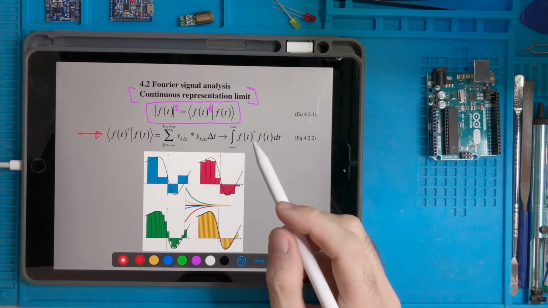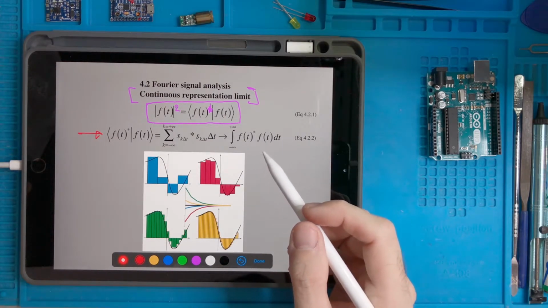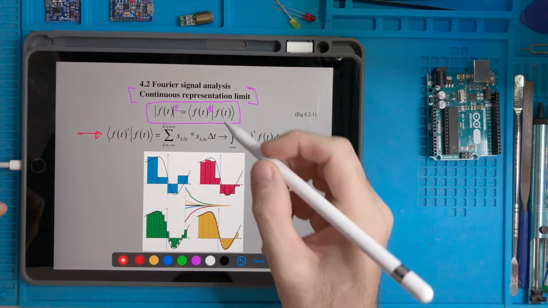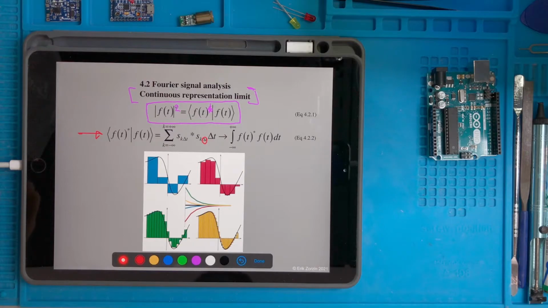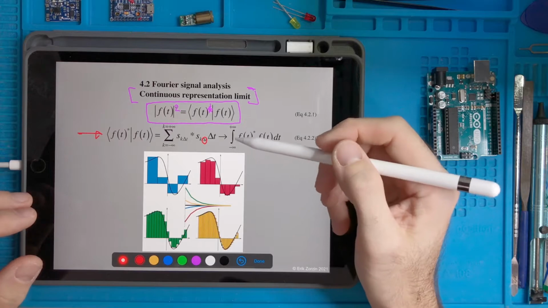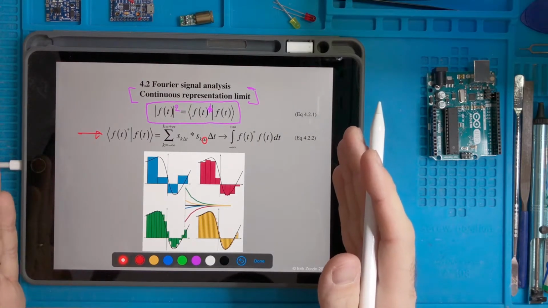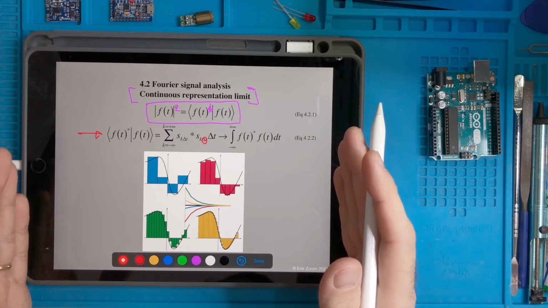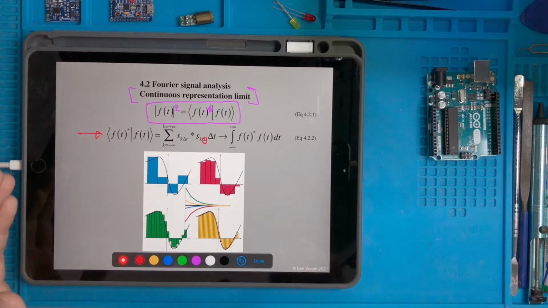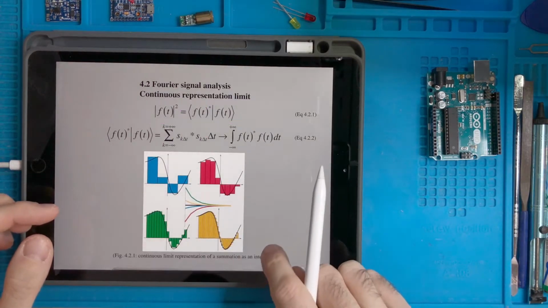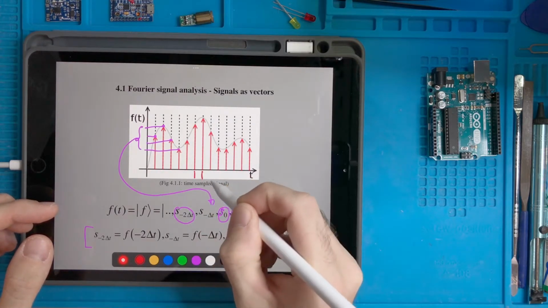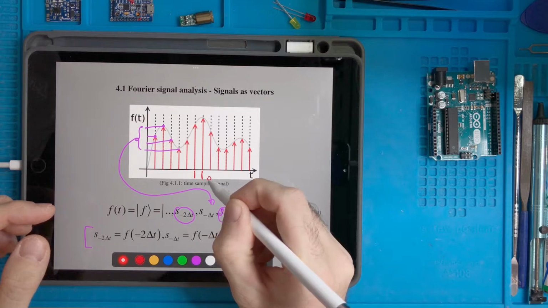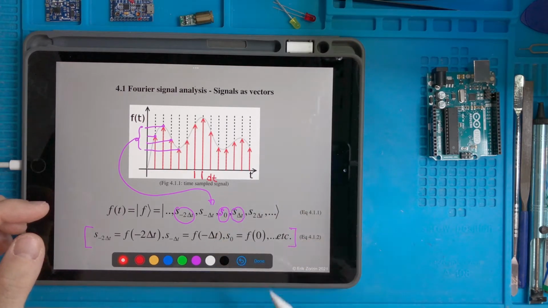And then we consider one possibility, which is that this delta t is now a label, which is just labeling every sample of the function, but we can sample them in a way that the distance between two samples is very small, so small that we can think of making it infinitesimal.